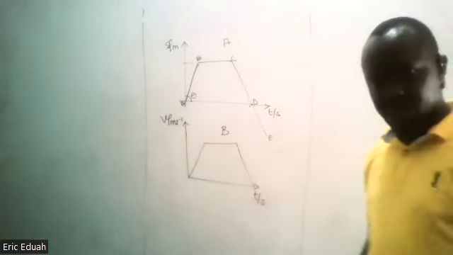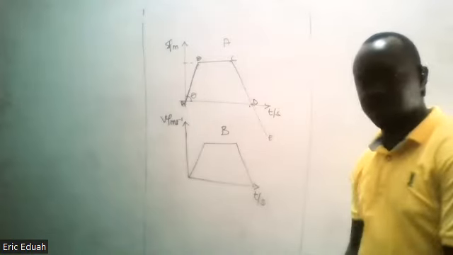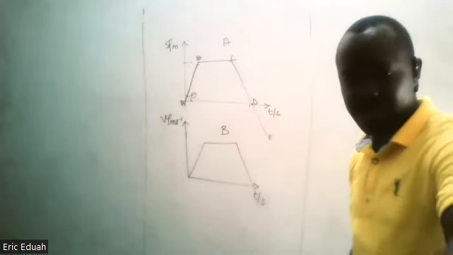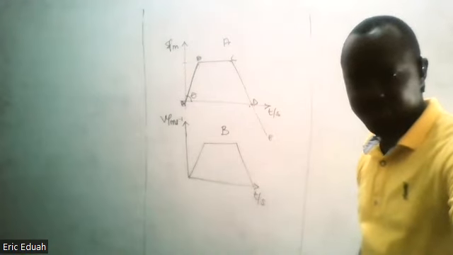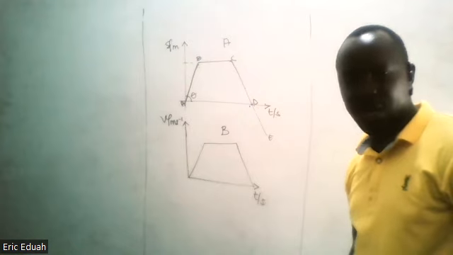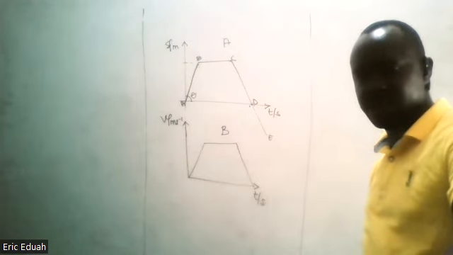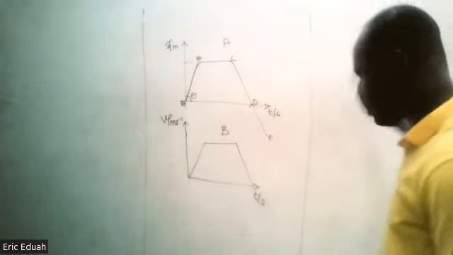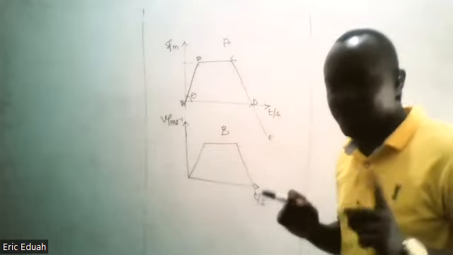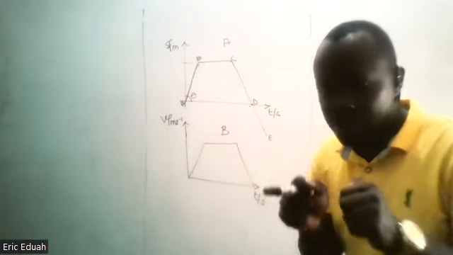Welcome. Motion B. Somebody to break the ice for us. Safua, start for us. With B, the body started with a uniform acceleration. That is the velocity. Safua, I'll just hold you there.